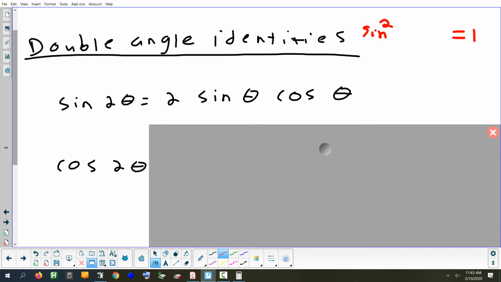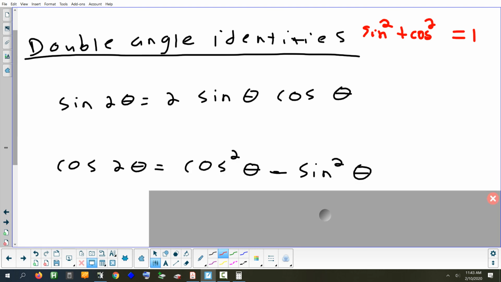That's not what I'm going to use here, but if you remember this, that is how they get the different versions of the cosine 2 theta. That's the first version. We're not going to go through a proof on this one. Cosine 2 theta is cosine squared minus sine squared. Totally different than sine 2 theta.